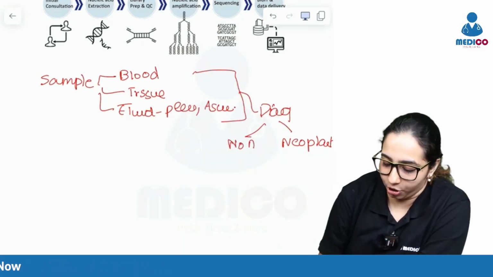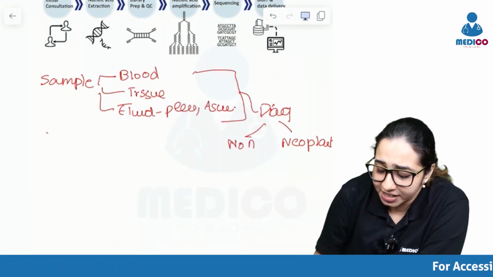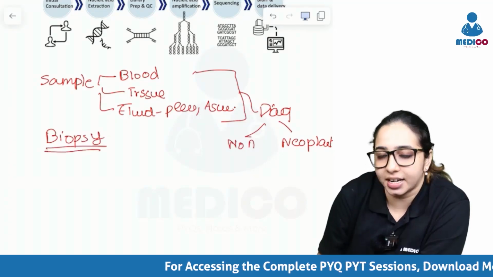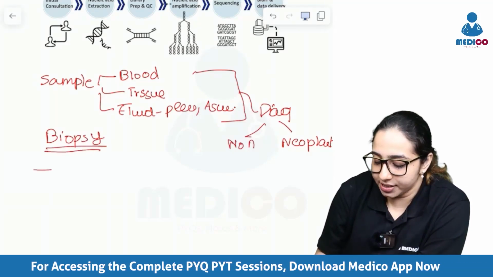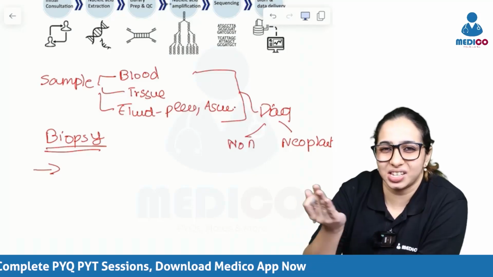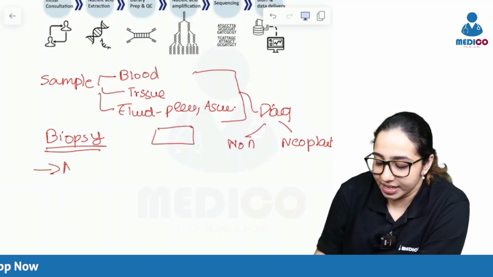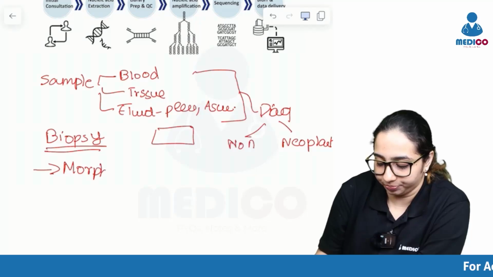So I get this biopsy sample. Now once I get this biopsy sample, there are several things that I can do. First thing is, you process it and you get a slide. First thing is I can look at the morphology.